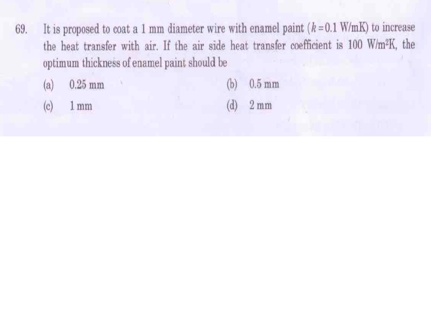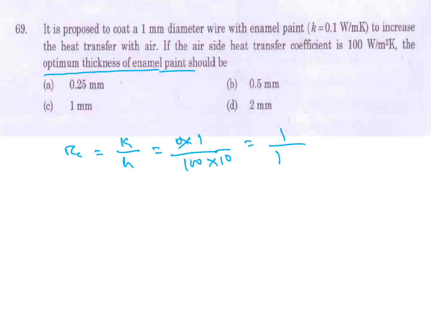Next question is also the same, a little bit different. Here they asked optimum thickness of enamel paint, same. RC will get k by h. k is 0.1 divided by heat transfer coefficient 100, so it's 1 by 1000, in meter, which is 1 mm. This is our wire, this is thickness of enamel.